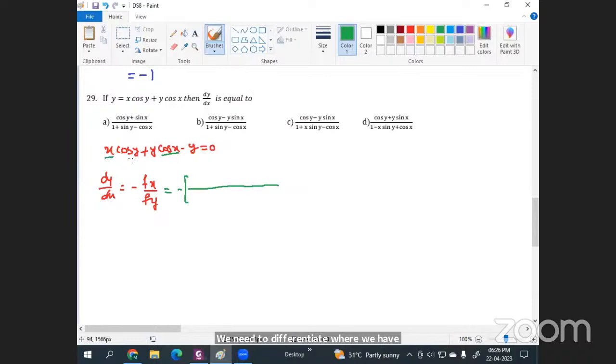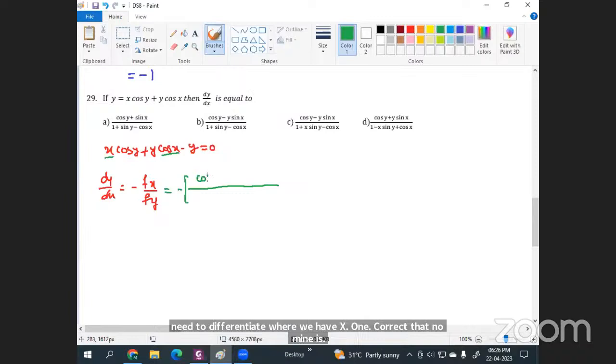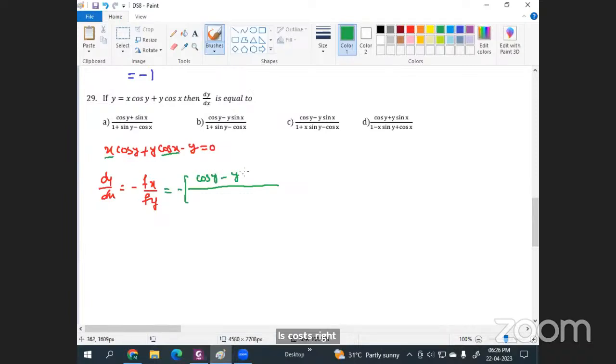Now this equal to minus fx is cos y minus y sin x. So denominator minus x sin y plus y cos x. Y derivative is what? 1. So cos x. Right? Derivative of y is what? Minus 1. Now check this one. Do we have any option here? Denominator 1 plus is there, but here we have minus 1.